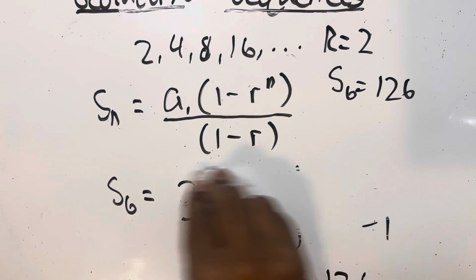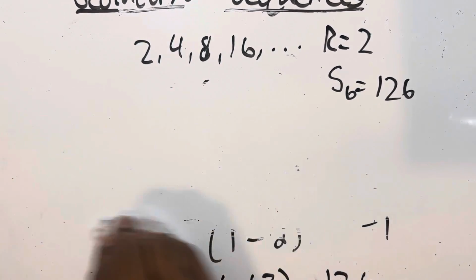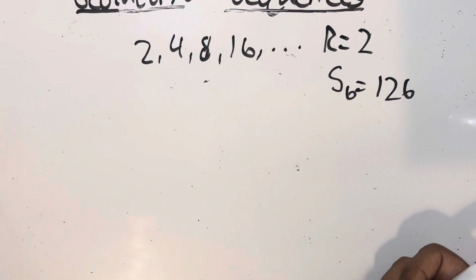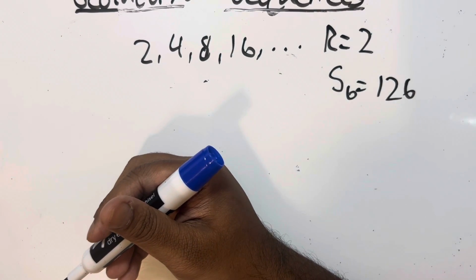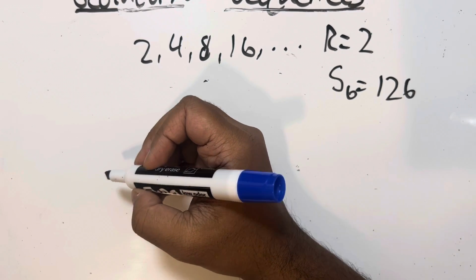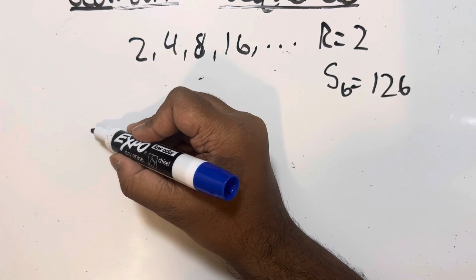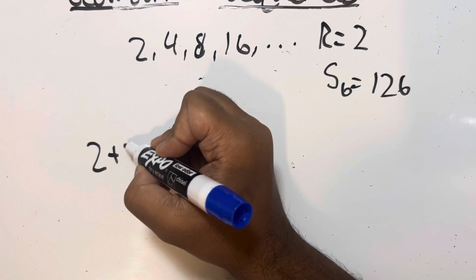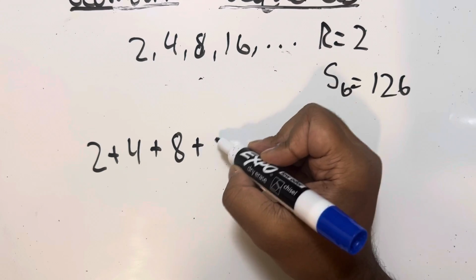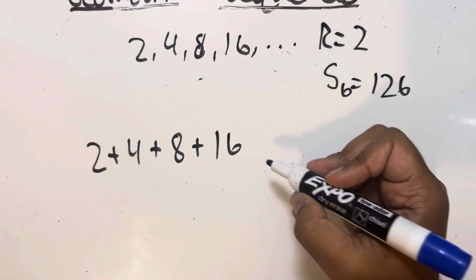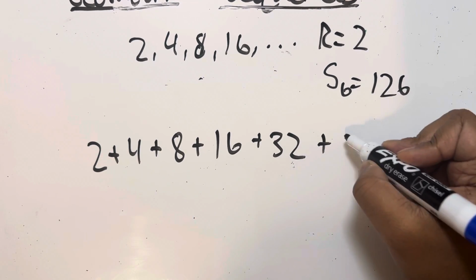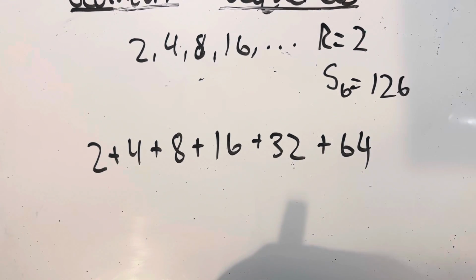Let's see if it actually works out in person. If I take the values themselves, remember, this is saying the sum of the first 6 is 126. Let's look at the first 6 terms of this geometric sequence and add them up manually. 2 plus 4 plus 8, 3 terms, 16, 4 terms, 32, 5 terms, 64, 6 terms.